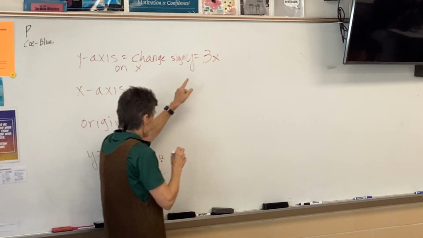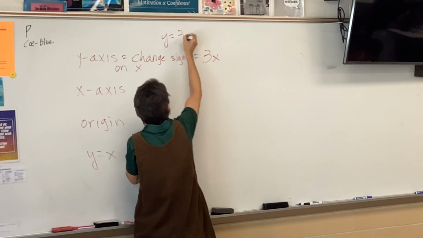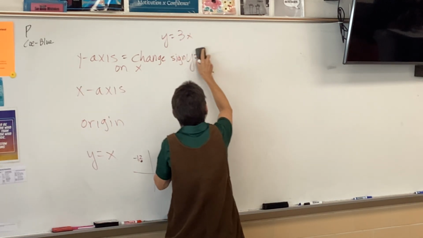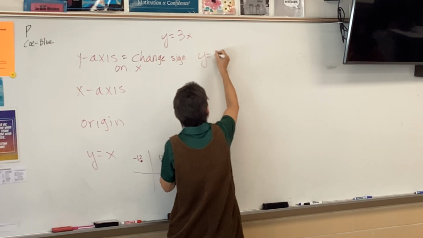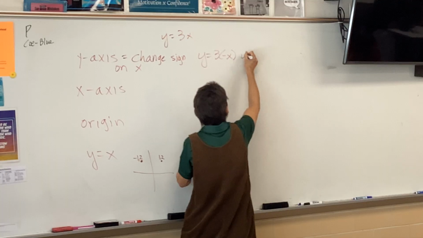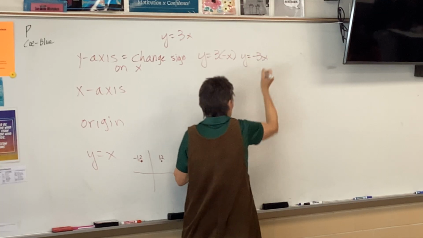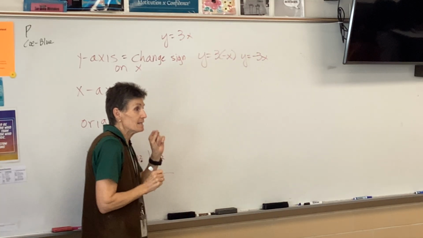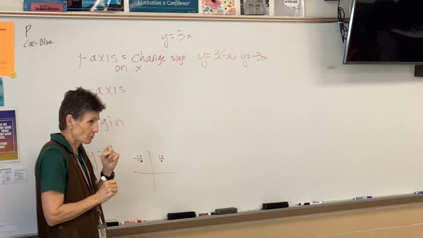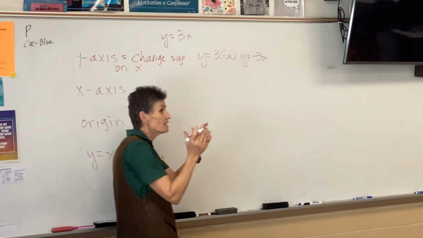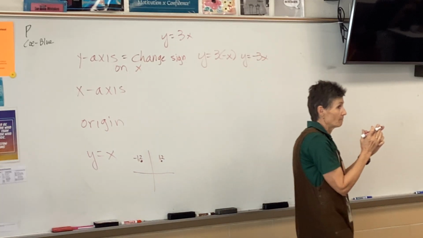So, here's my equation. If I change the sign on x, I would have this. Would you agree with that? Is that the same equation that I started with? Remember, if you're symmetric, you have to land on yourself.